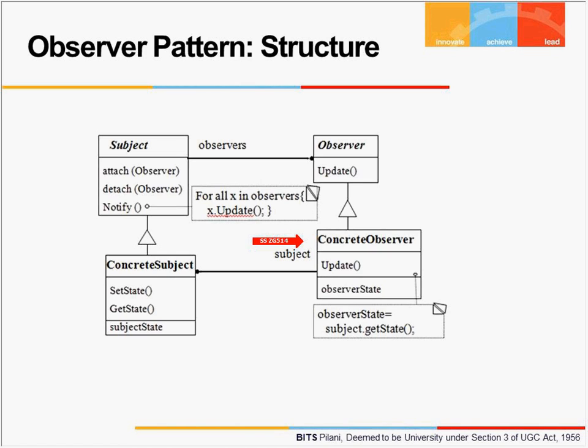Ideally, there are four participants: the subject interface, the concrete subject which implements the subject interface, the observer interface, and the concrete observer class, which implements the observer interface. Right? Let's see an implementation of the same.